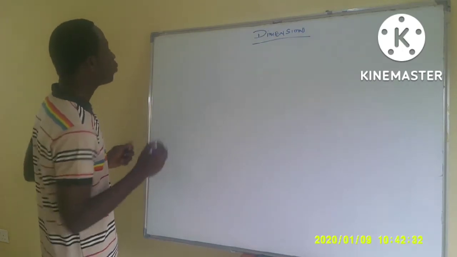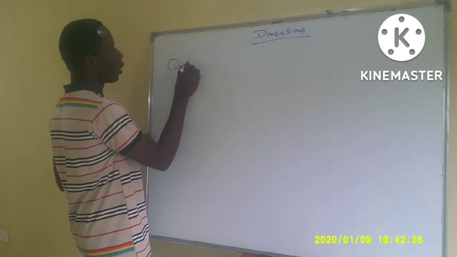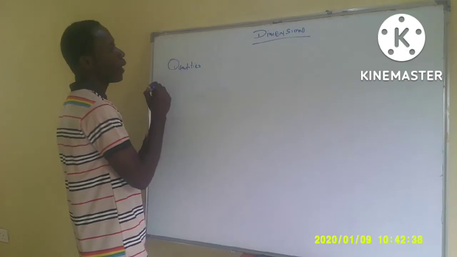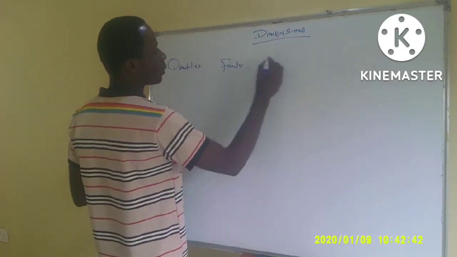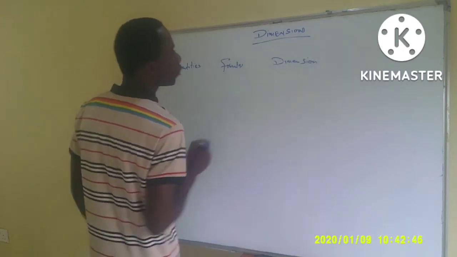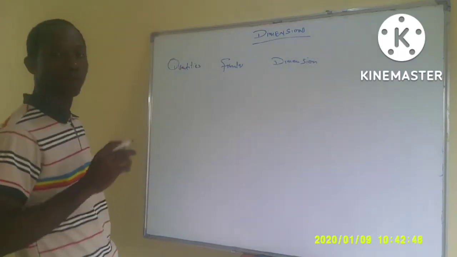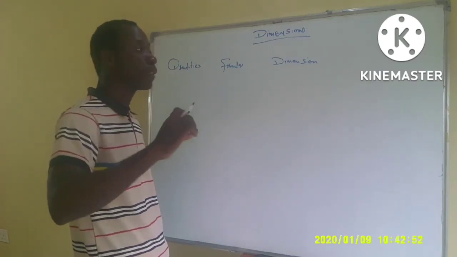Now, we want to talk about the dimension, and let's assume quantities, then we have the formulas, then dimensions. Note that these dimensions have to do with the fundamental quantities, the real symbols of the fundamental quantities.